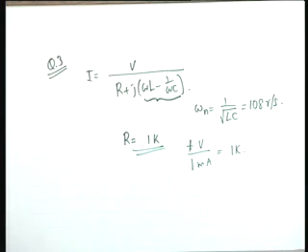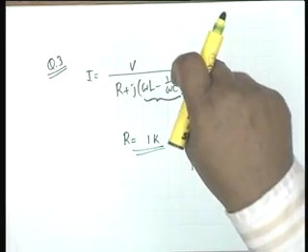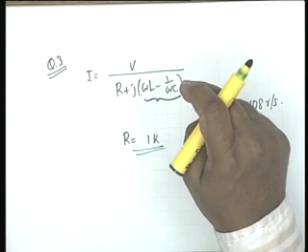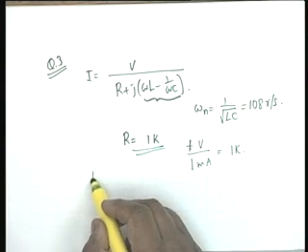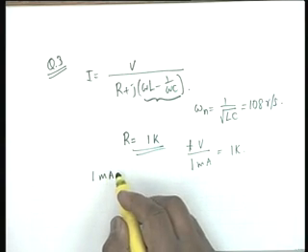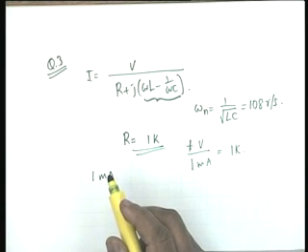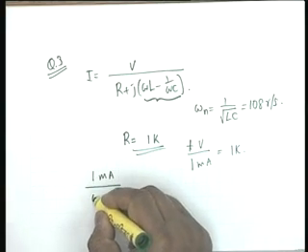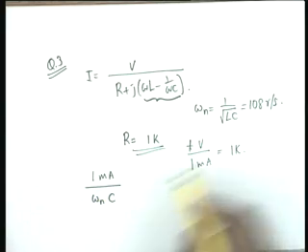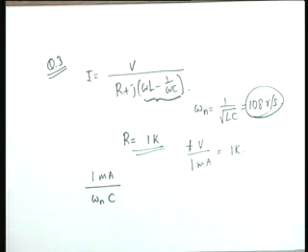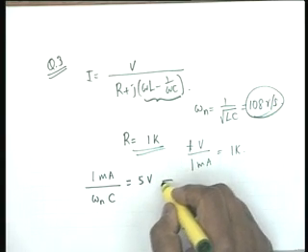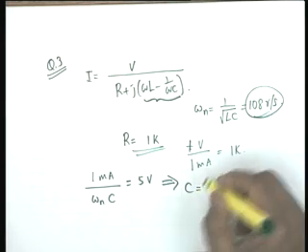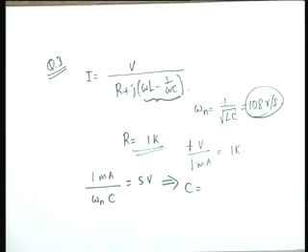The other thing that is known is, under current resonance, the voltage across the capacitor is 5 volt, which means 1 milliampere multiplied by the impedance of the capacitor at that frequency, so divided by omega n times C, where omega n is given as 10^8 radians per second, is equal to 5 volt, from which you can find out C. And if you find out C, then you know what L is.